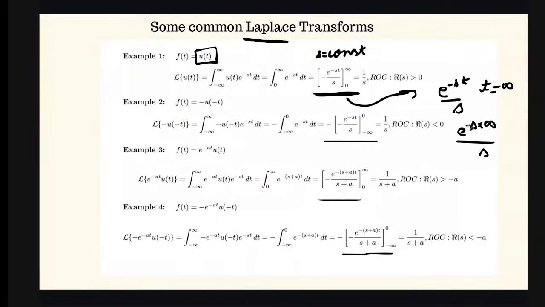Now, does this value exist if s is less than 0? For this value to exist, we know that e power minus infinity is 0 and e power infinity is infinity, right? So we want this value to be finite. We don't want it to blow up.